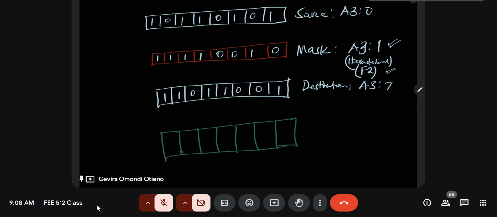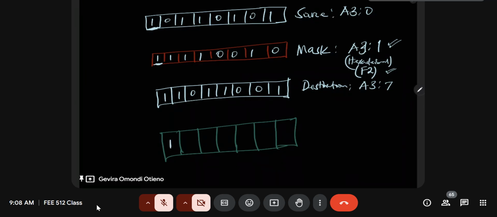Let's see what happens. If you look at the source here, we have a 1. The corresponding mask is a 1. That means allow whatever is at the source to move to the destination. So the destination would be 1. Why?